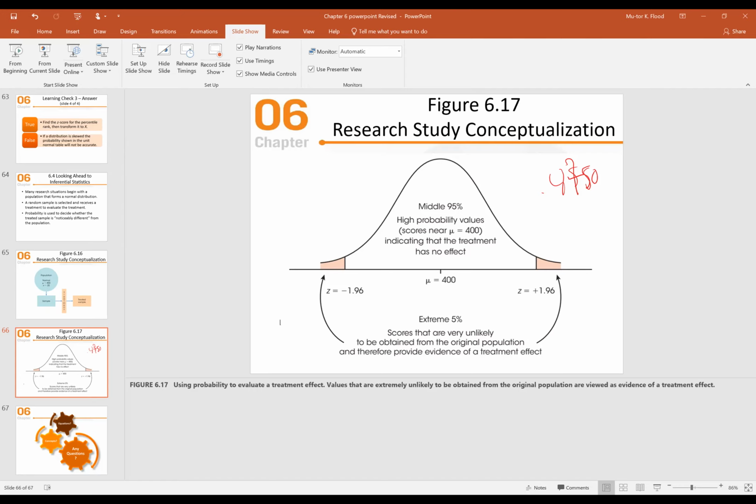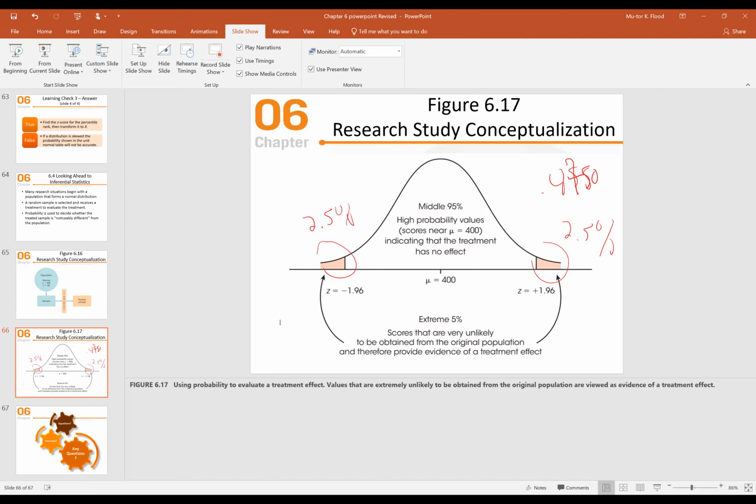However, the 5%, 2.5% on this end and 2.5% on the other tail, these make up 2 tails, which if you add those up, comes to 5%. The 5% that is outside of that middle 95% starts at a z-score of negative 1.96 and positive 1.96.